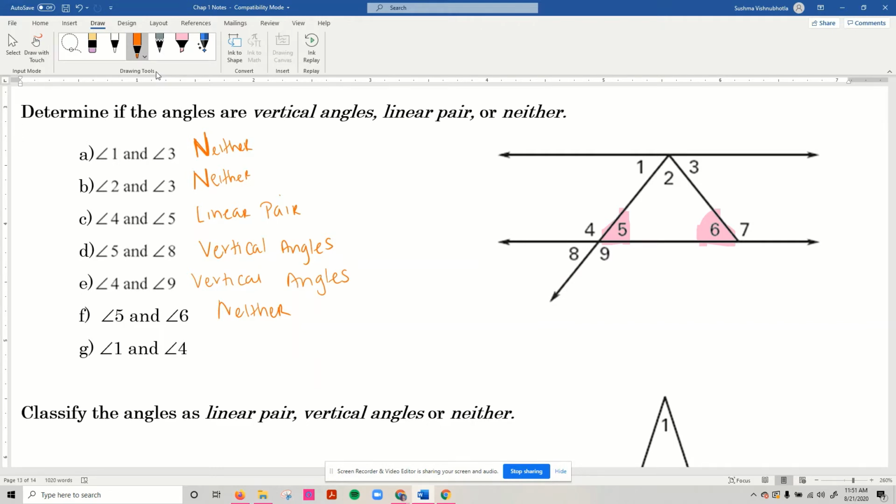So this is neither. And then finally, 1 and 4, neither. Okay. All right, next example.